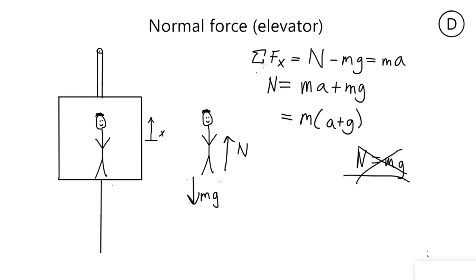What you have to do is go back to your basics: the sum of the forces equals mass times acceleration. If the acceleration is 0, then for this case your normal force is equal to your mass times gravity. But it's not the case all the time. That's what trips up a lot of students.